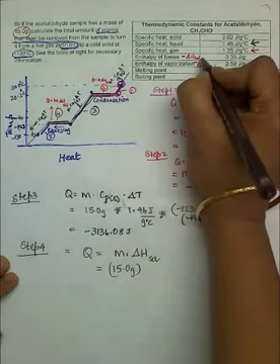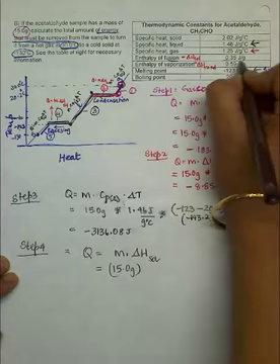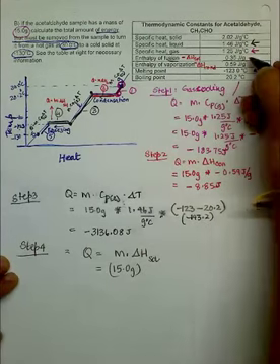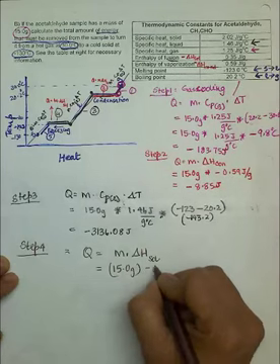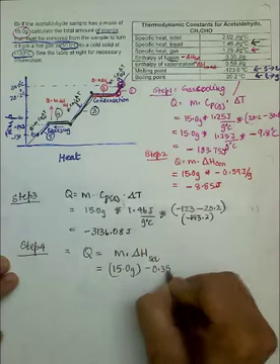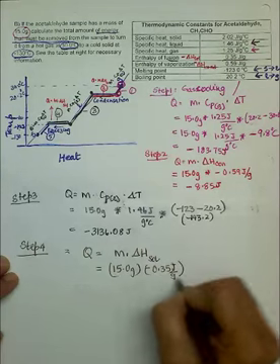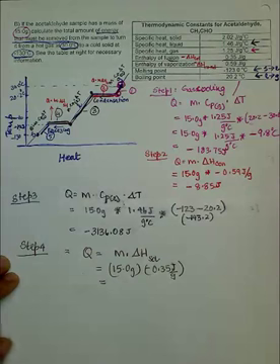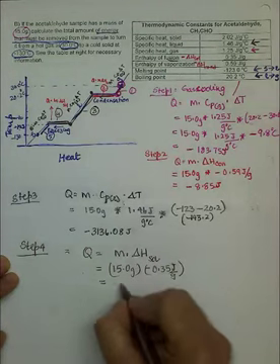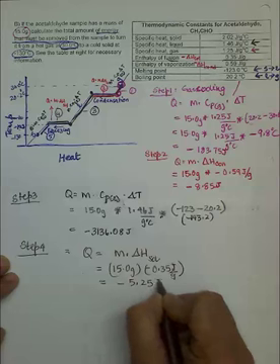Enthalpy of solidification is the same as enthalpy of fusion, which is 0.35, but the only difference is it's now negative. So it's negative 0.35 joules over grams. And if I multiply and get the answer, that is equal to negative 5.25 joules.